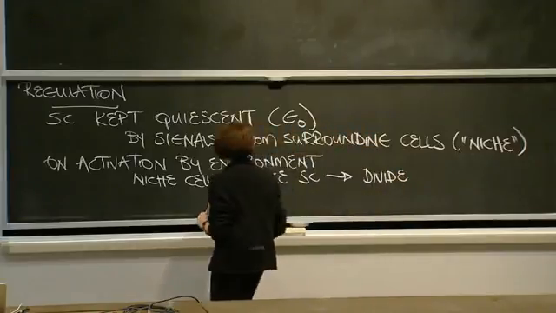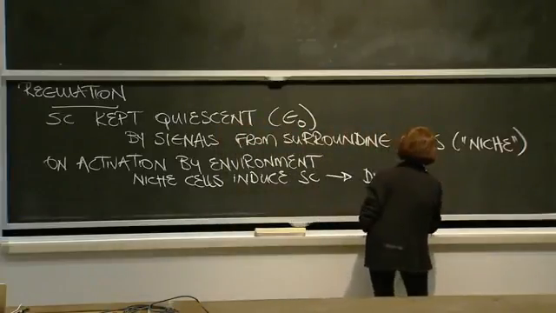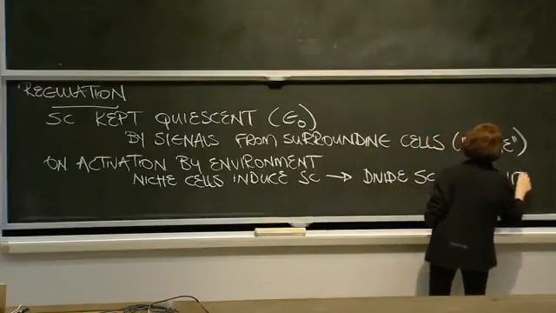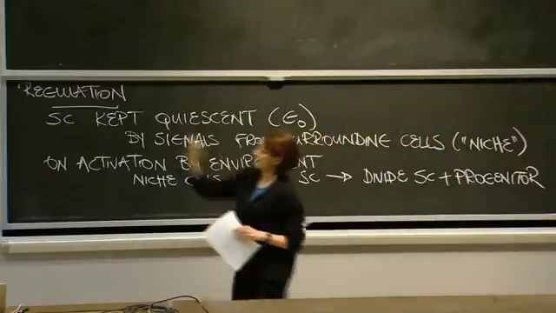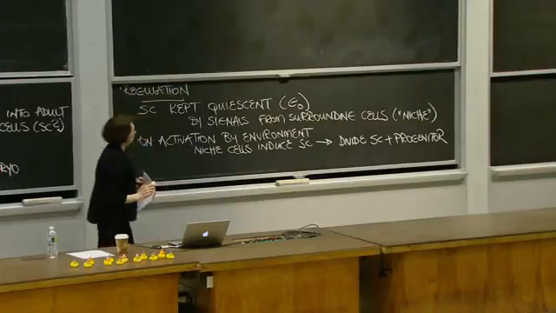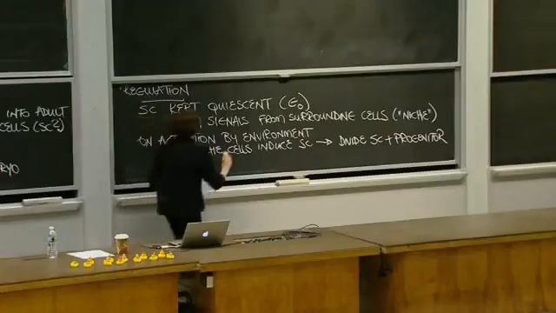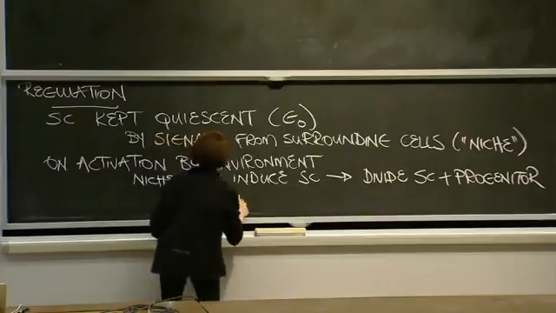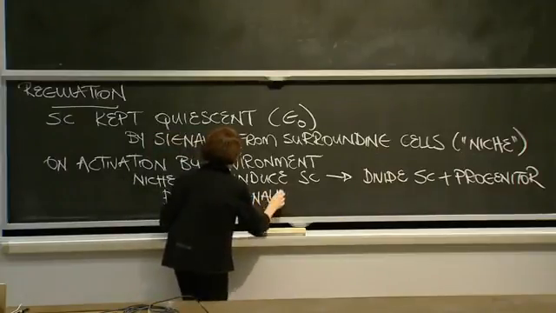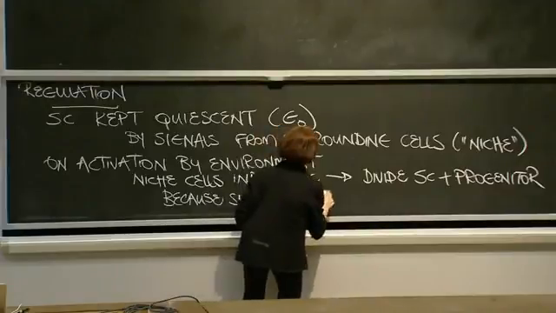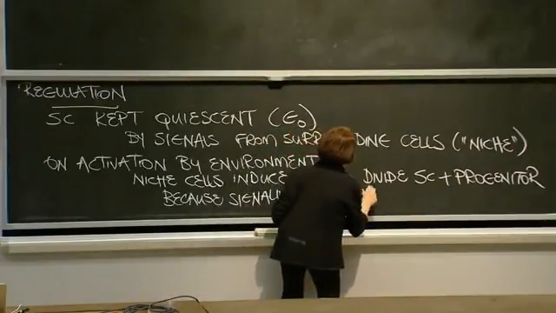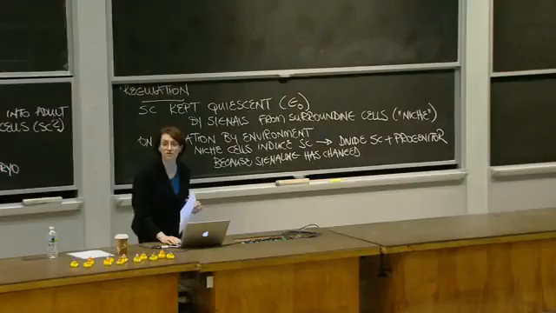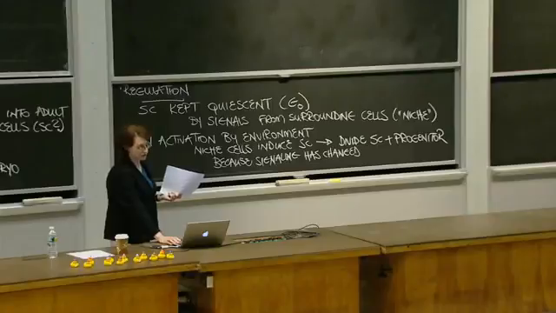And they induce the stem cells to divide into a stem cell plus a progenitor, which then goes on to do all the things that I diagrammed that progenitors do on the first board. And the niche cells do this because they've changed their signaling. This is yet another use, or a very related use, of the notion of cell-cell signaling in controlling life.